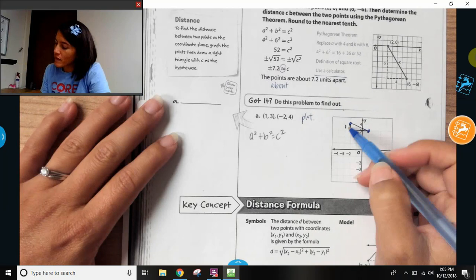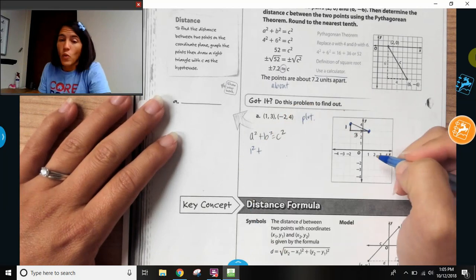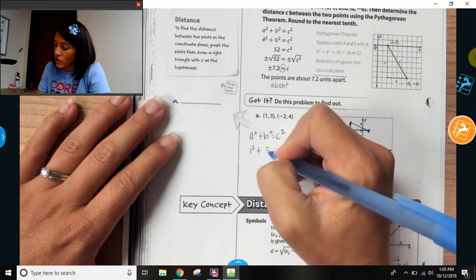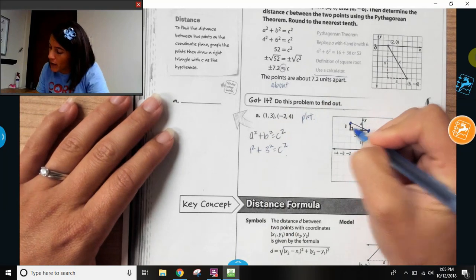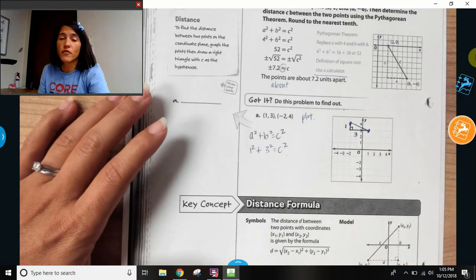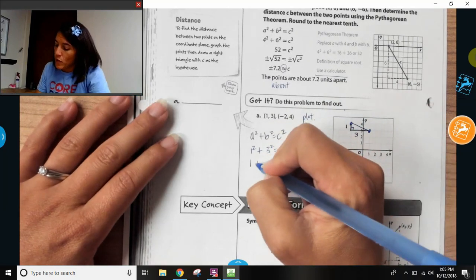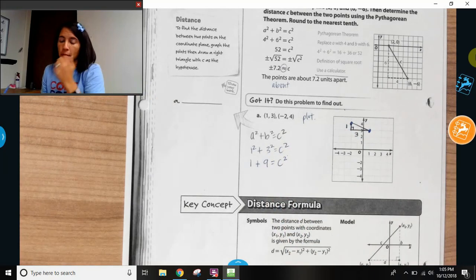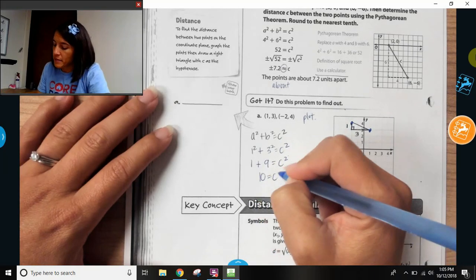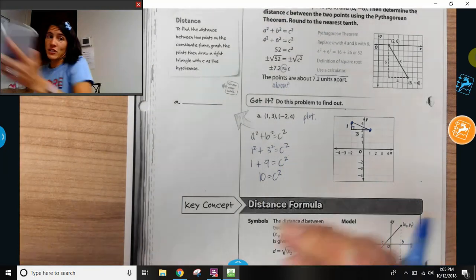so I just prefer to use blue. One leg is 1 unit, and the other leg is 3 units, and I'm looking for my hypotenuse, because remember, the hypotenuse is always across from the right angle. 1 squared is 1, 3 squared is 9. 1 plus 9 is 10. And then I need to take the square root.